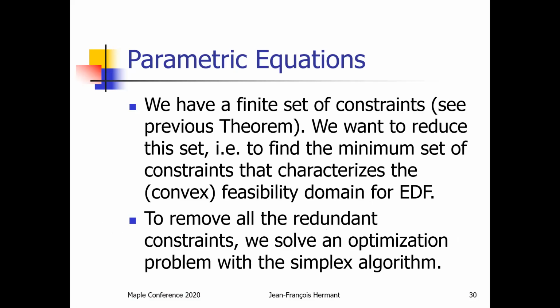We have a finite set of constraints, see the previous theorem. We want to reduce this set, that is, to find the minimum set of constraints that characterizes the convex feasibility domain for EDF. To remove all the redundant constraints, we solve an optimization problem with the simplex algorithm.